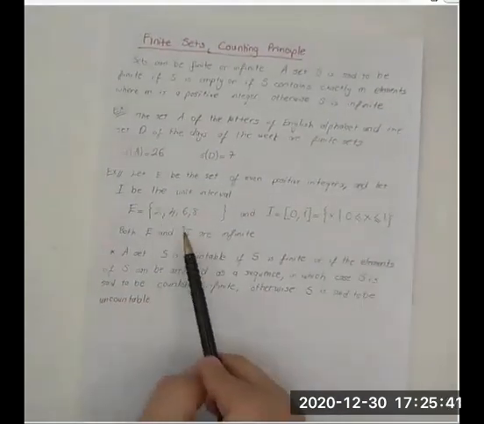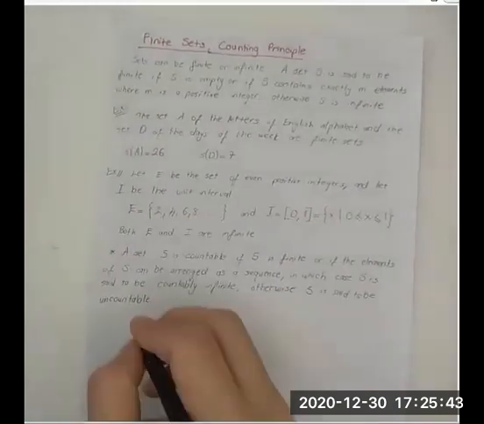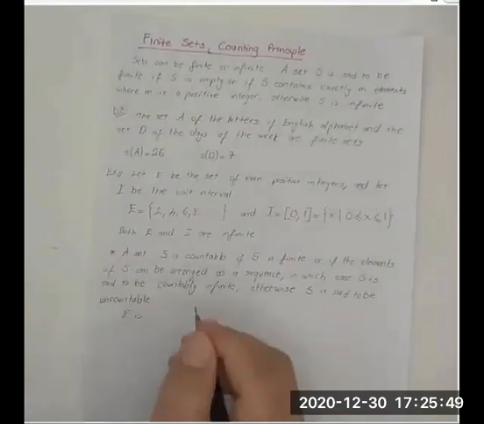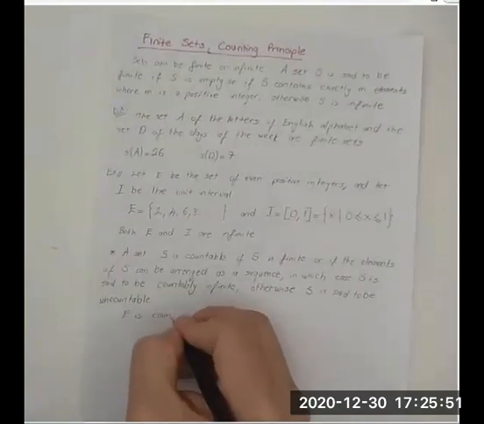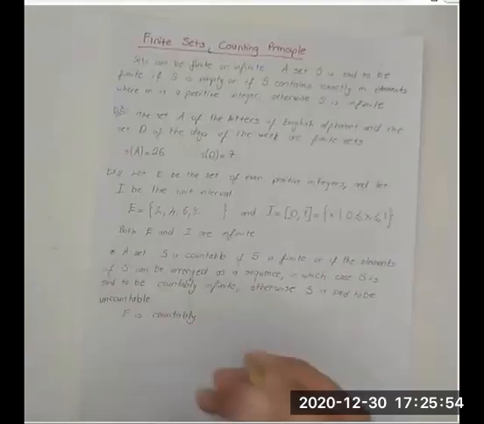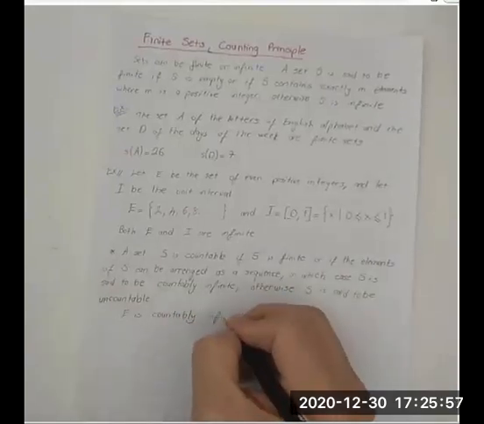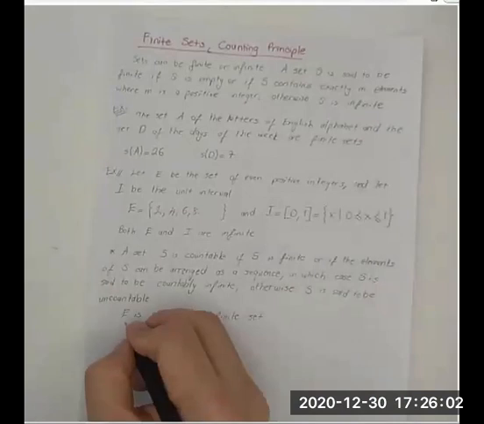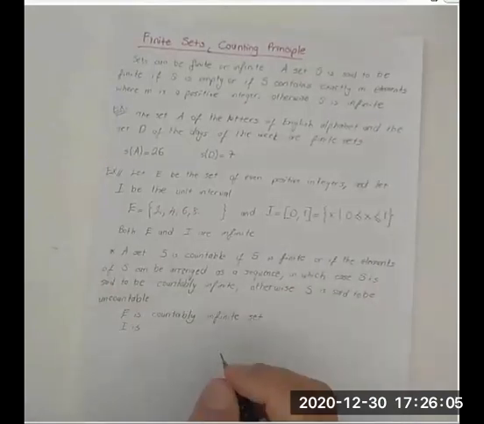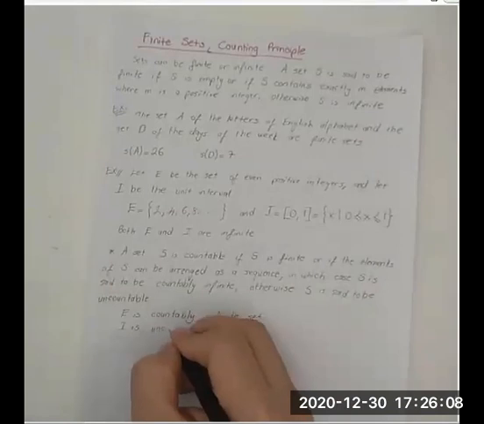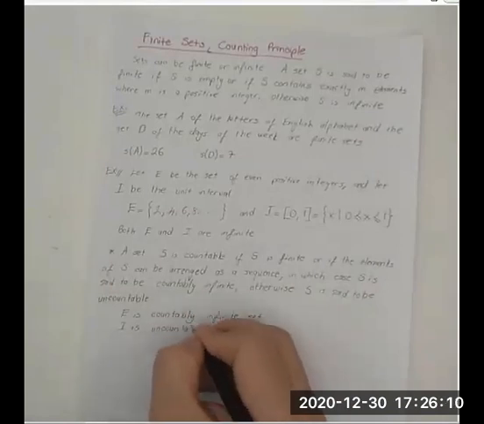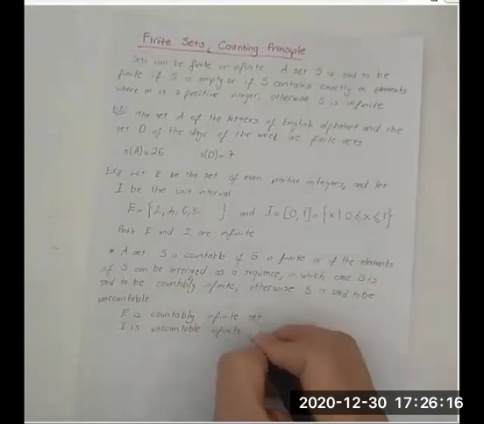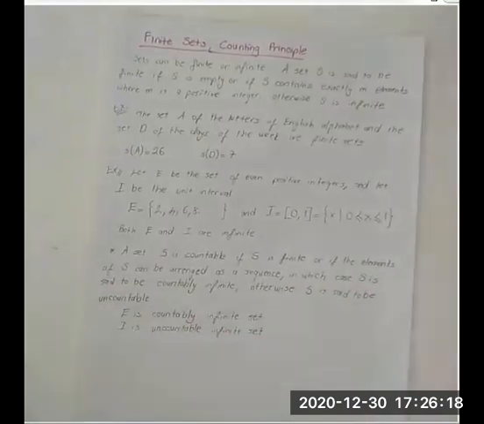For that example, set E is a countably infinite set, and I is an uncountable infinite set.